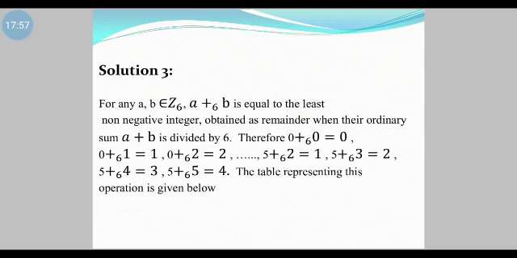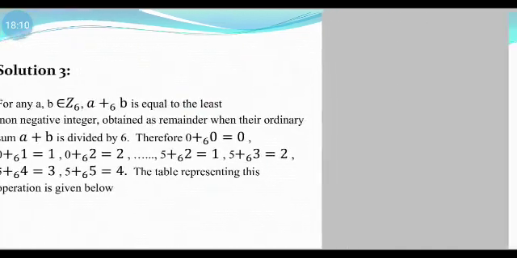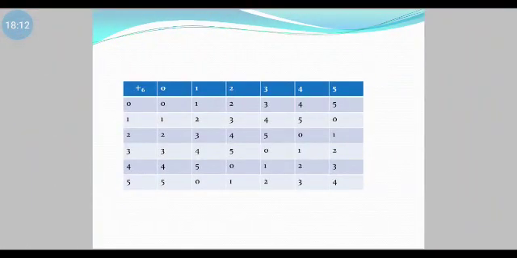Also 0 plus modulo 6 1 is equal to 1, 0 plus modulo 6 2 is equal to 2, and so on. 5 plus modulo 6 5 is equal to 4. Now consider the table. This is the table of our problem. Here we have 6 rows and 6 columns, and the resulting elements are included in the interior of the table.